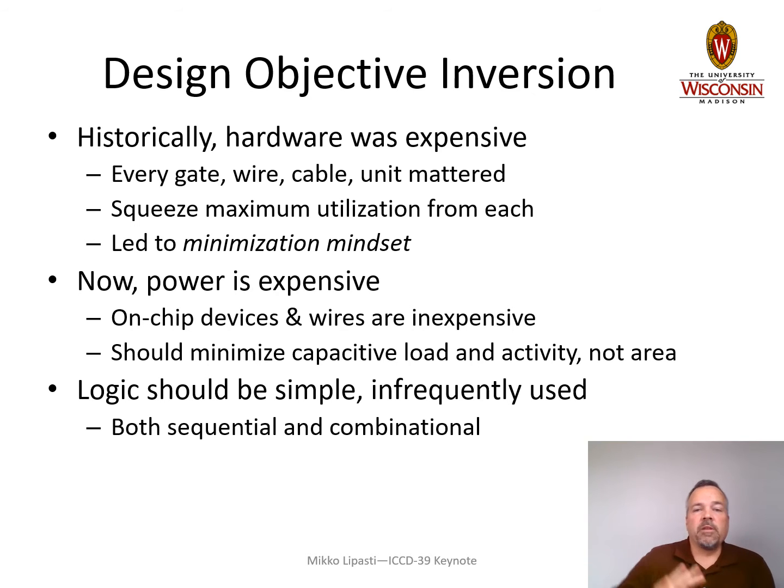But has that been turned on its head now? Now power is the limiter. Power is expensive. Devices and wires on chip are inexpensive and getting less expensive with every process generation. So maybe we should minimize the capacitive load and minimize the activity of those devices and wires, but worry a lot less about their area cost.